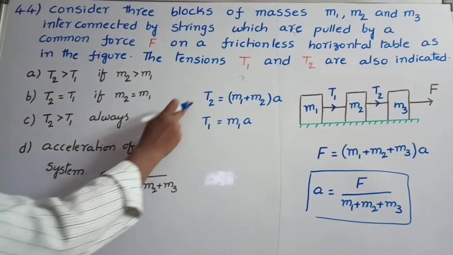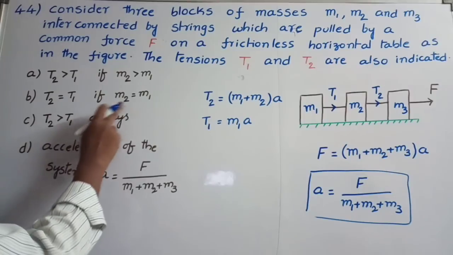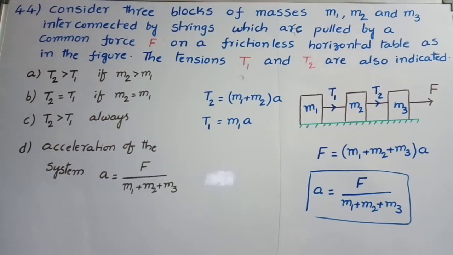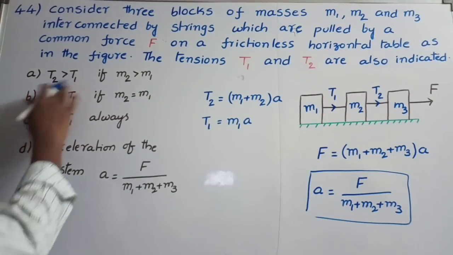If you observe these two equations, if M2 is equal to M1, in this case T2 is 2 times T1. Next, T2 greater than T1.